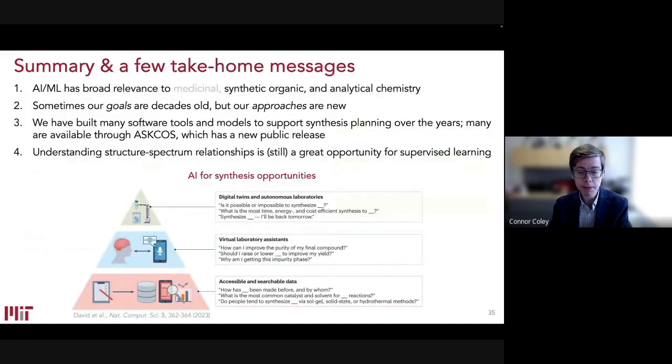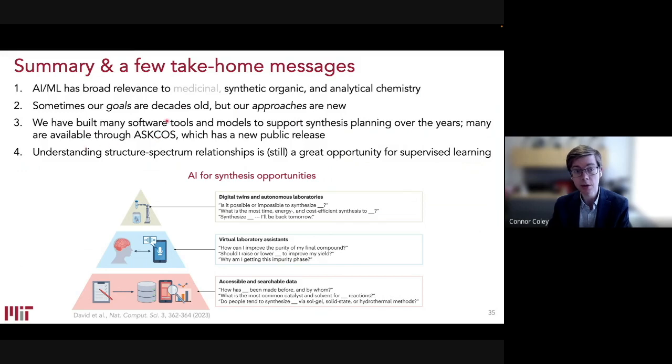But because of time, I'll just close and skip over to some take-home messages, and really only talked about some of those work on synthetic organic chemistry, this landscape of problems that tend to operate at this higher level of abstraction using statistical inference more so than first principles simulations. This is still a challenge for the field, even 60-something years after initial approaches.